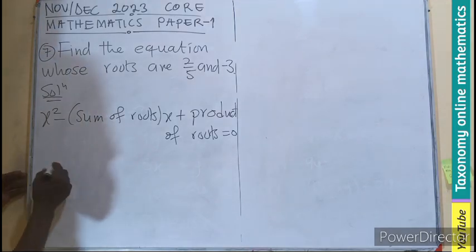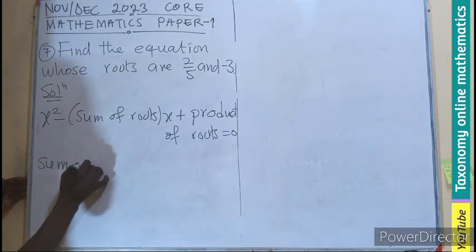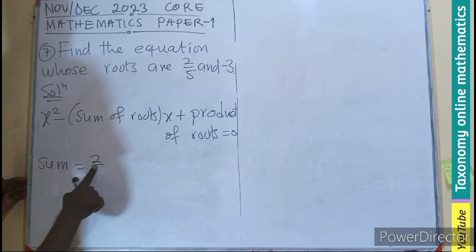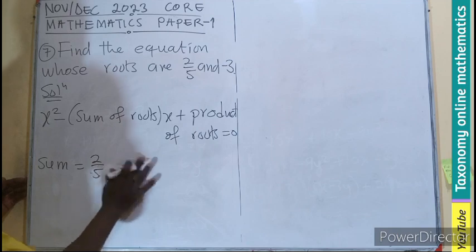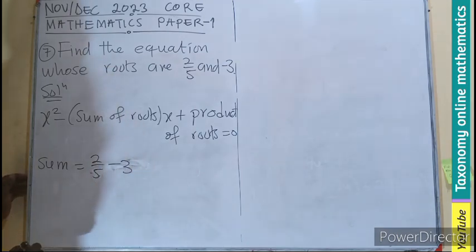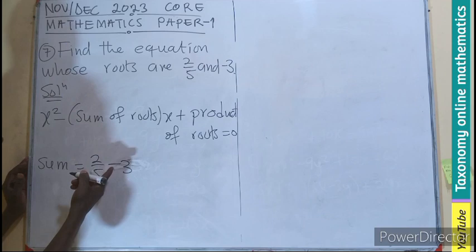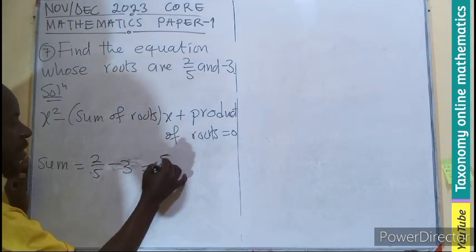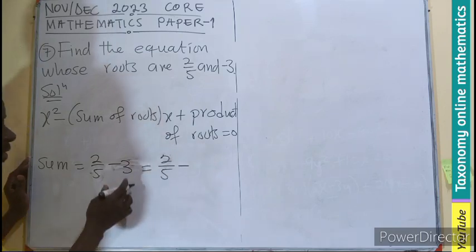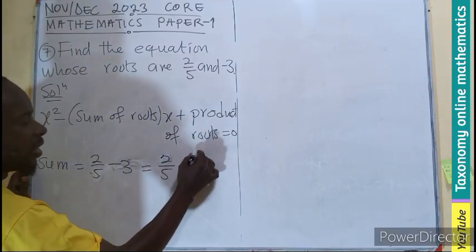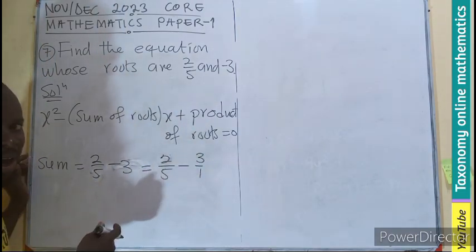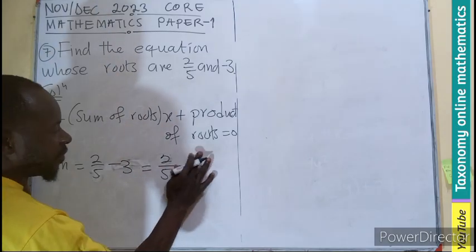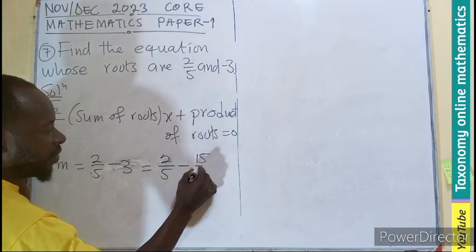So we can take the sum: 2/5 plus -3 is the same as 2/5 minus 3. We can rewrite this as 2/5 minus 3/1, or better still, multiplying through by 5 gives us 15 over 5.